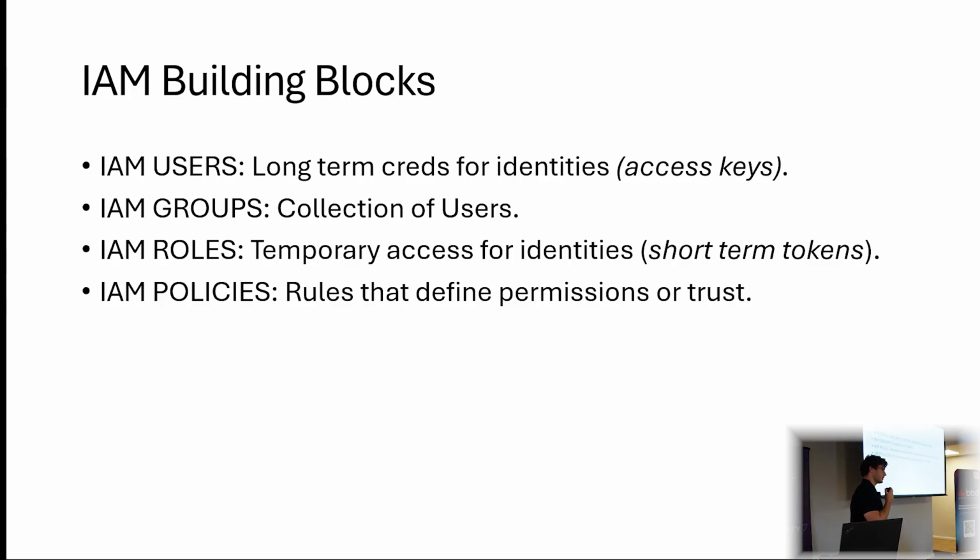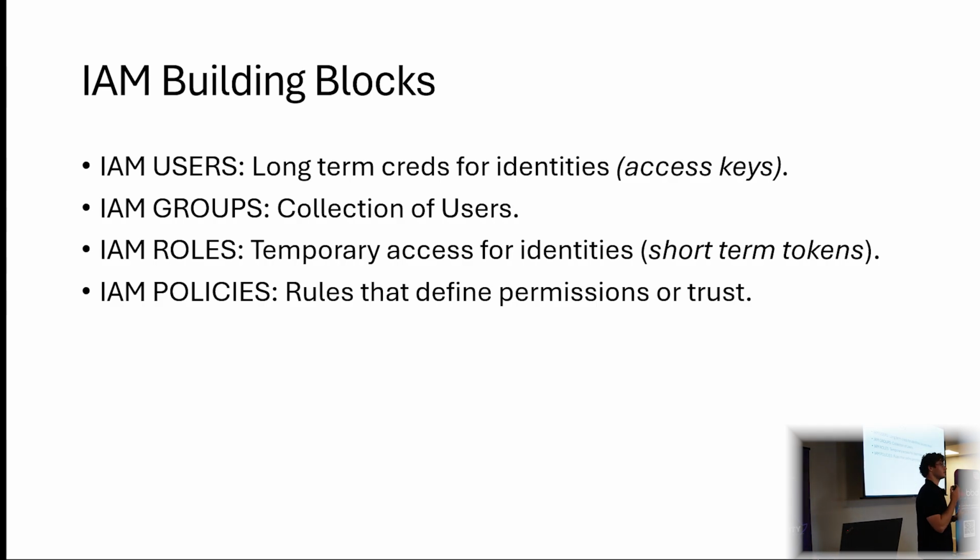Okay, IAM building blocks. So you get users, groups, roles, and policies. Think about users as being long-term credentials, right? Think about roles as being short-term credentials. Think about groups, collections of users, that's easy to remember.